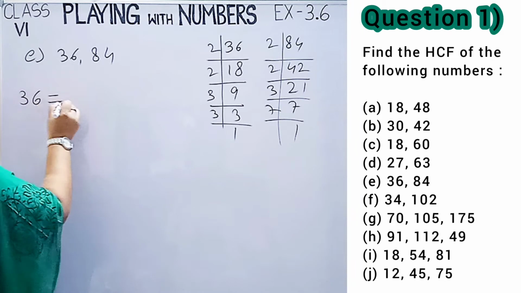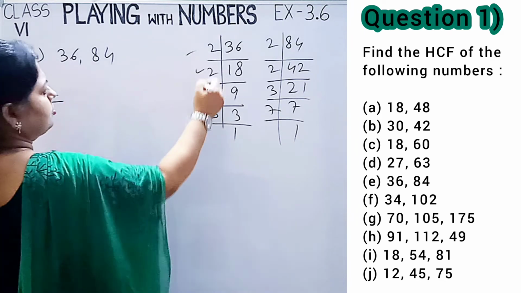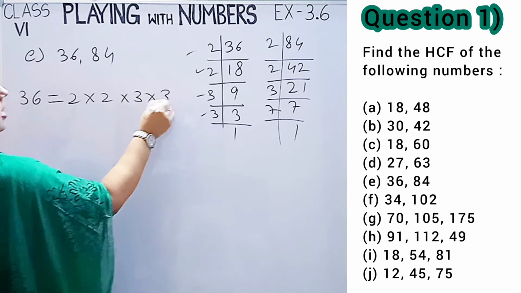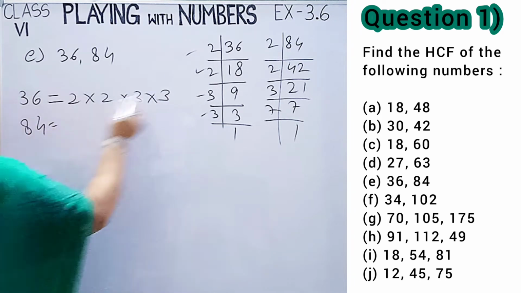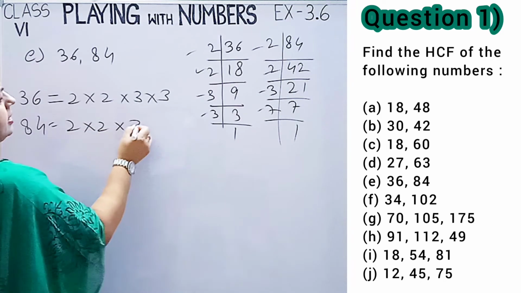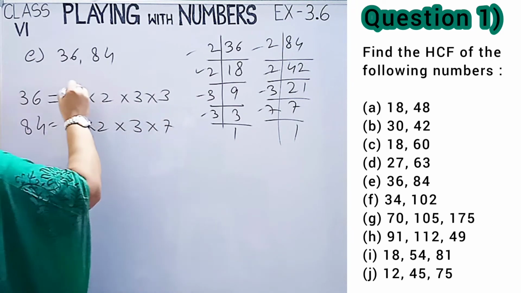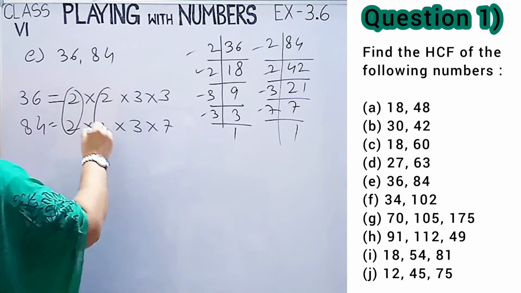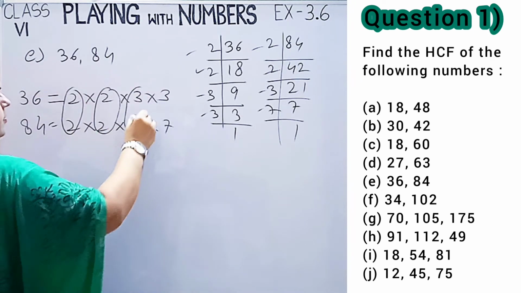So prime factorization of 36 is 2, 2, 3, 3 and 84 is 2, 2, 3, 7. Now common, 2 is common in both sets, one more 2 and 3.